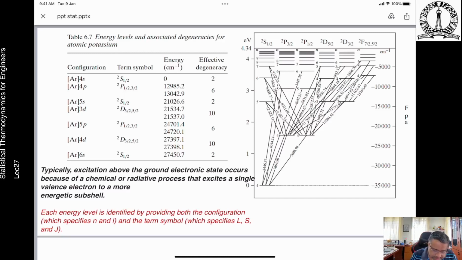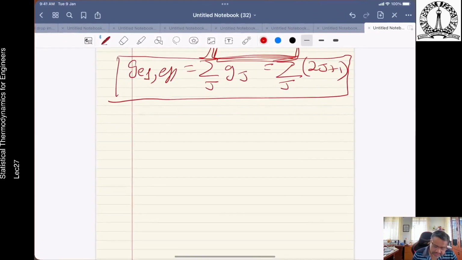Let's look at the second one, which has half and 3 by 2. These are the two J values, and we are summing over all J. So for half it is once again 2, and then you have the other J value, which is 2 into 3 by 2, which is 4. So 2 plus 4 gives you 6. This is how you can calculate the effective degeneracies among the multiple levels.